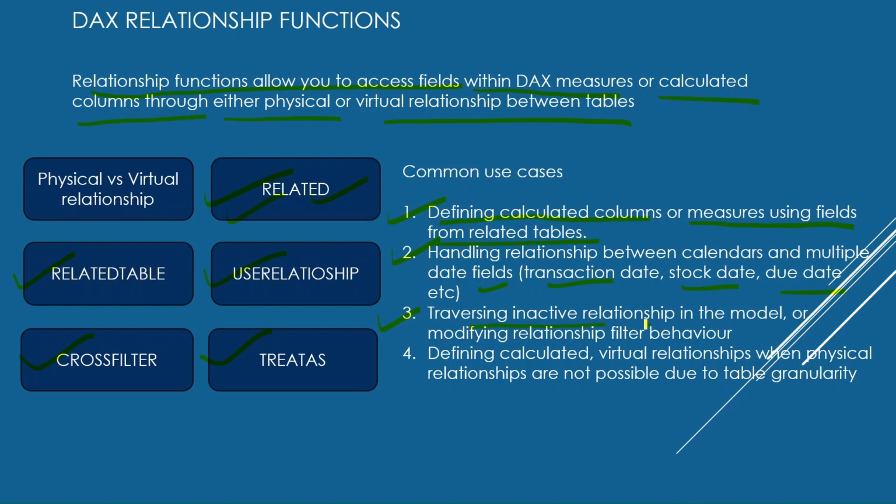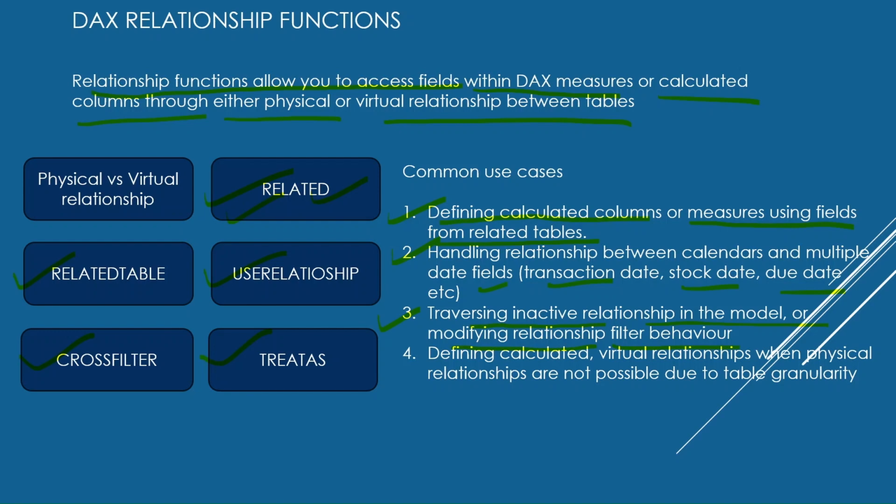Next is traversing an inactive relationship in the model, or modifying the relationship filter behavior. Suppose whenever we are creating a data model, we create relationships between tables, but at one time there must be only one active relationship.